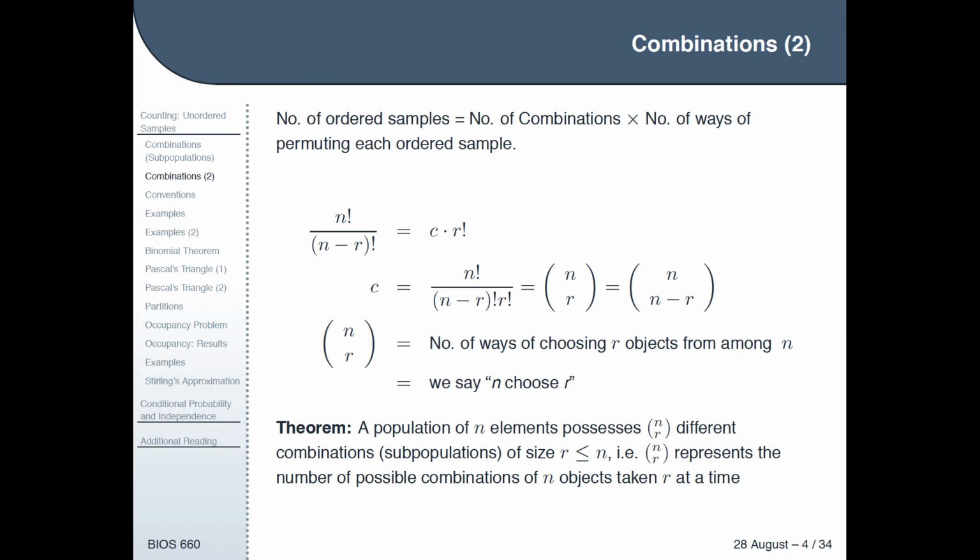And you can show mathematically that if you have a population of n elements, then there are n choose r different combinations, or different subpopulations, of size r, where r is less than or equal to n. Or you can say n choose r represents the number of possible combinations of n objects taken r at a time.